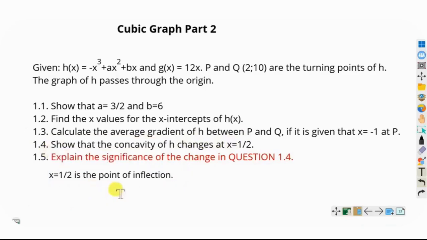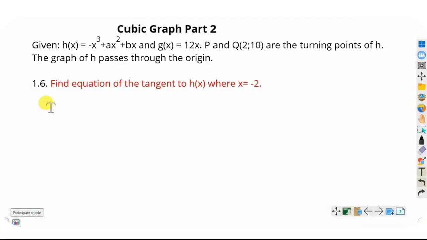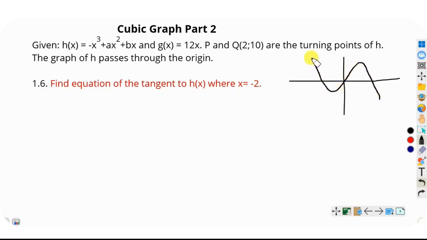Next, find the tangent to the graph of h where x is negative 2. If you have a graph like this, say negative here, we get the tangent to the graph.